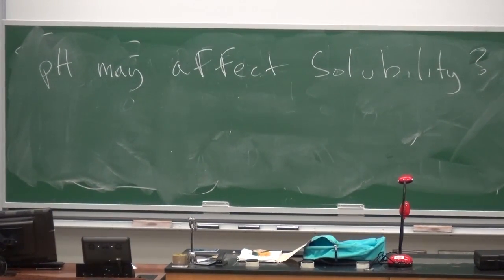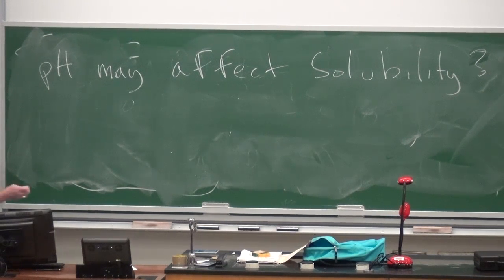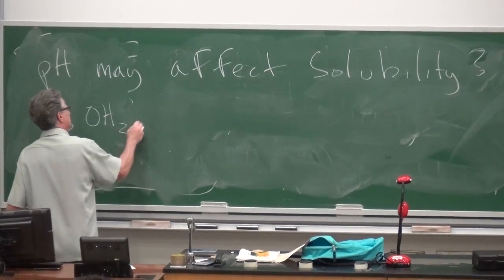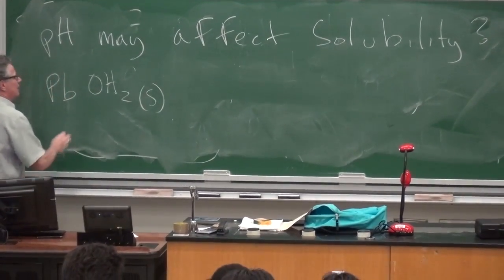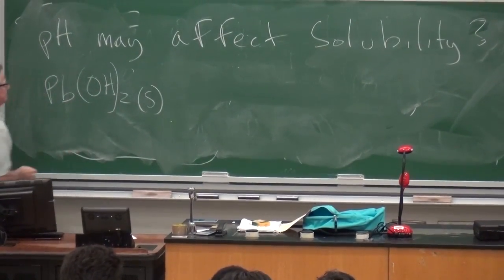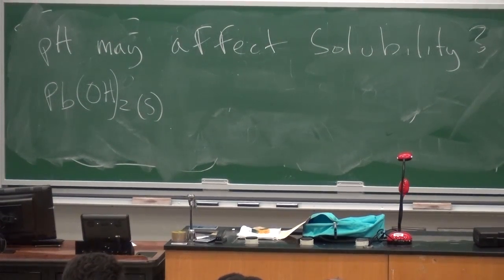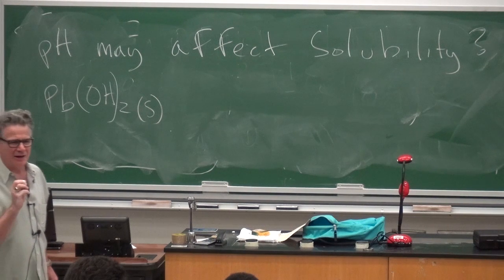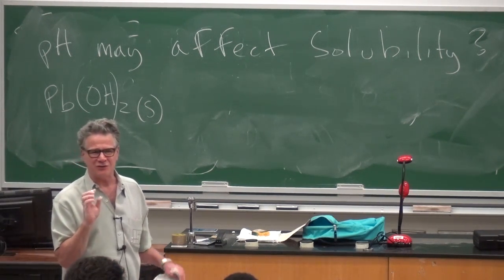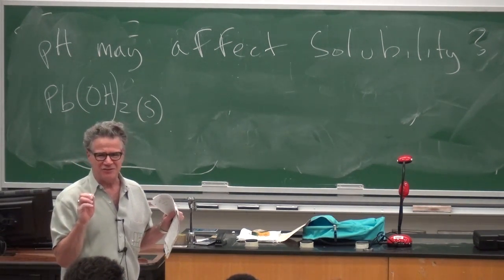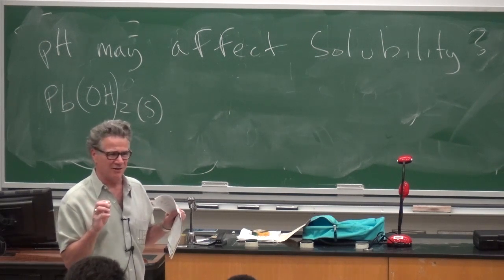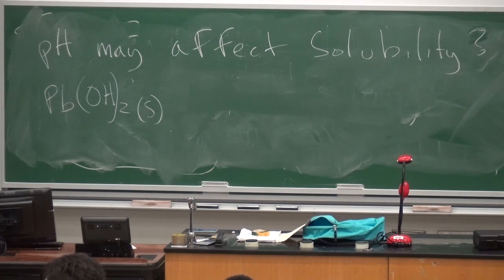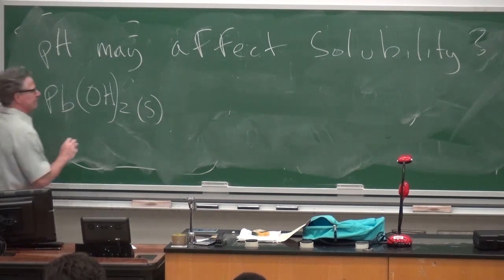So for example, if you're looking at this precipitate, our friend lead hydroxide, very pretty salt. It's bright yellow. If you ever see it, it's quite impressive. Lead salts often have yellow color. Very nice. But that's a weak electrolyte.